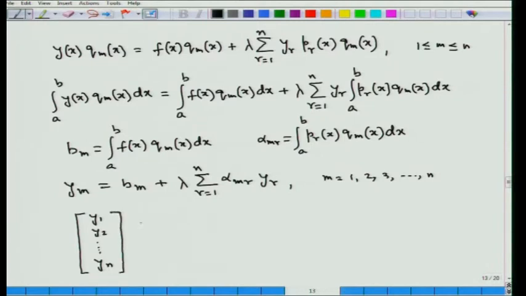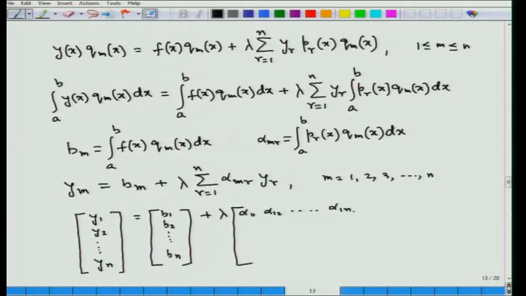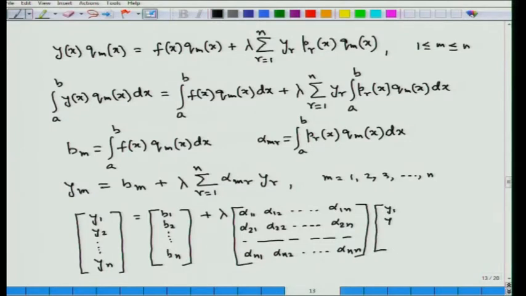This is equal to b_1, b_2 up to b_n plus lambda multiplied by the matrix with first row alpha_11, alpha_12 up to alpha_1n, then alpha_21, alpha_22 up to alpha_2n, proceeding in this way. The last row will be alpha_n1, alpha_n2 up to alpha_nn. This is multiplied with y_1, y_2 up to y_n.